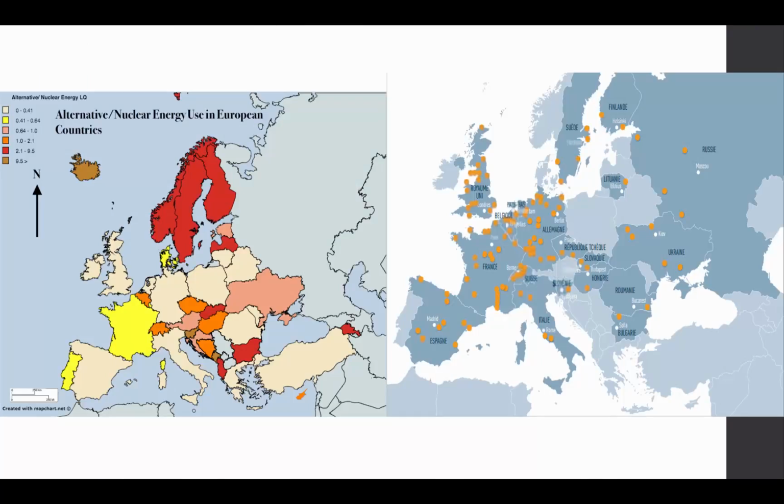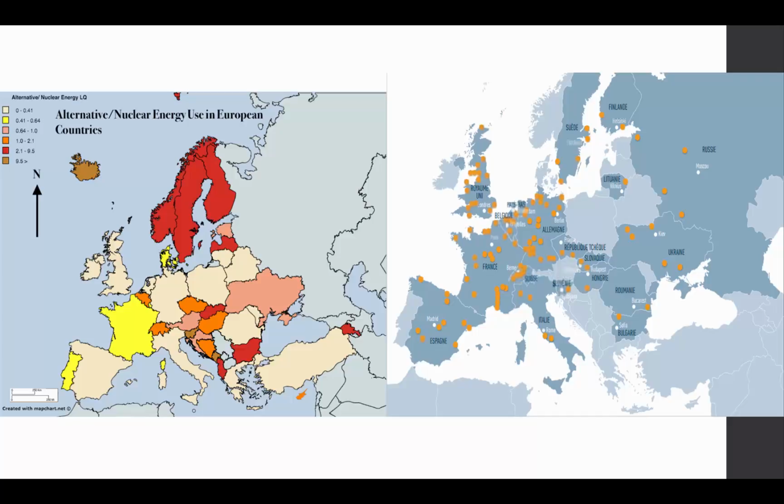So I was initially surprised by my data, especially after finding this map of nuclear power plants in Europe. You can see that in some countries like France, there is a saturated amount of nuclear power plants, and you compare that to France on my map, you would think that it'd have a darker color, signifying a higher LQ just because of that.